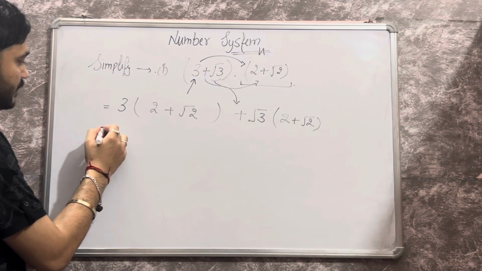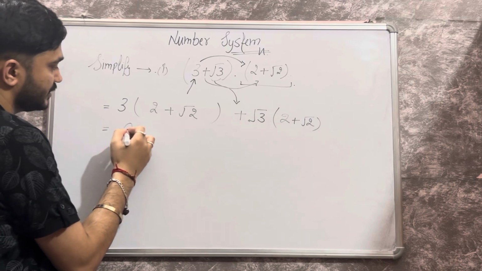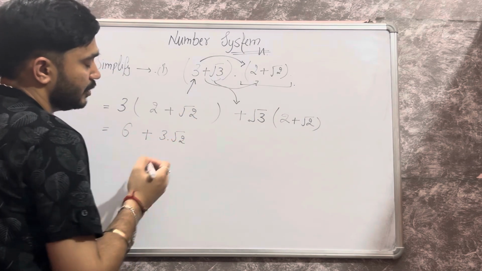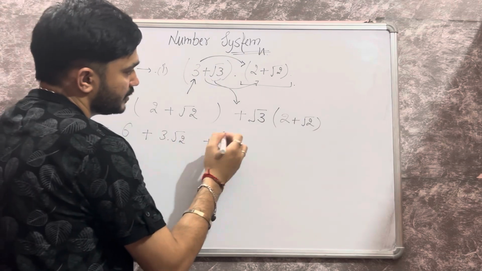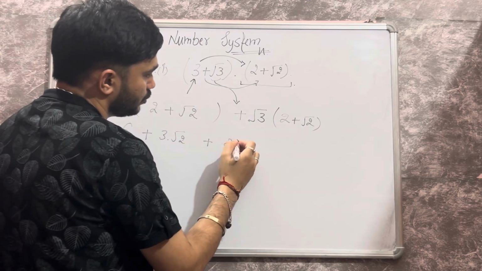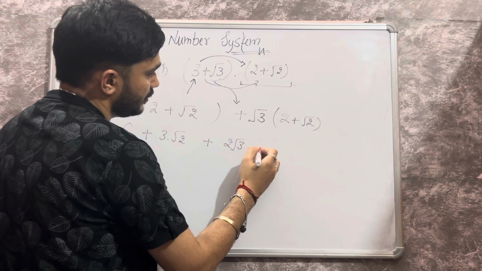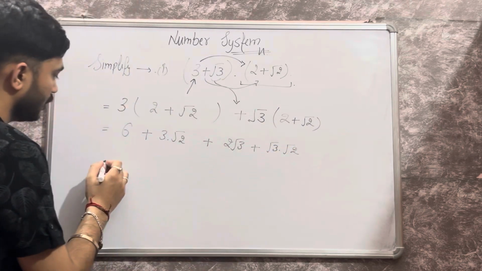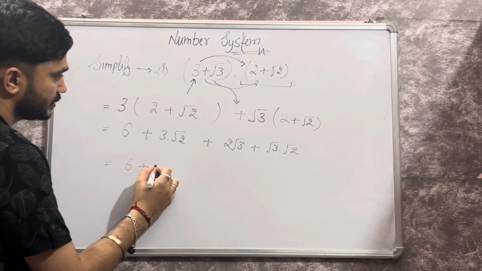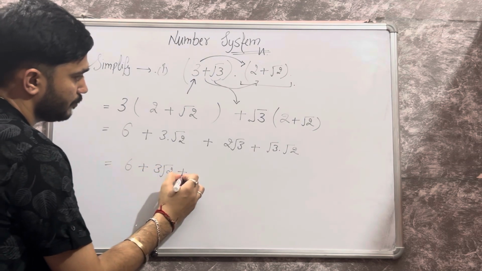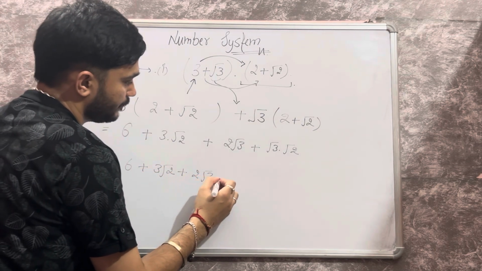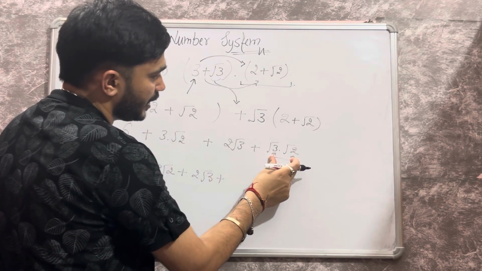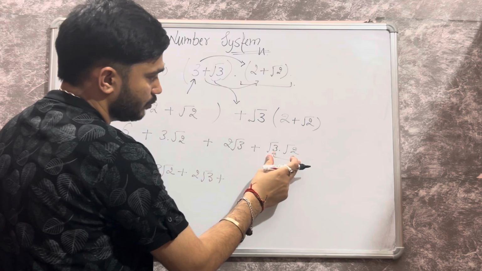So multiply the numbers, that is 3 into 2 is 6, plus 3 into under root 2 is 3 under root 2, plus under root 3 into 2 is 2 under root 3, and then under root 3 into under root 2. You're gonna get 6 plus 3 under root 2 plus 2 under root 3. Here 2 and 3 are both going to be multiplied because both the numbers are under root.